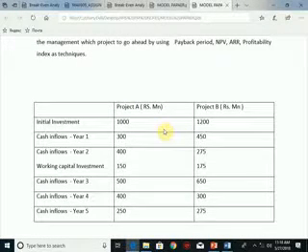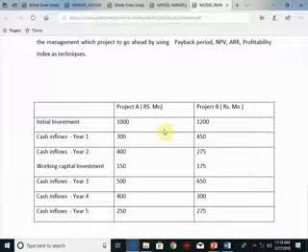Now, the discount rate is the rate which needs to be given by the examiner to discount your cash flows. For example, here in project A, let's assume the discount rate is 10%. Likewise, the examiner should give the discount rate that you have to use to discount the cash flows.